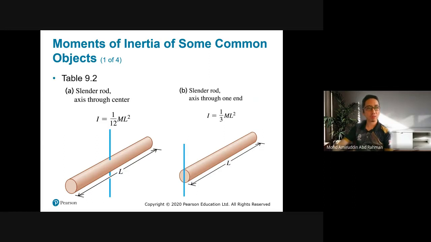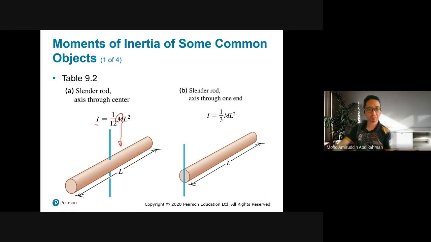For example, we have this object, the slender rod, with the axis through the center. The moment of inertia of this object is 1/12 m l squared, where m is the mass of this object.